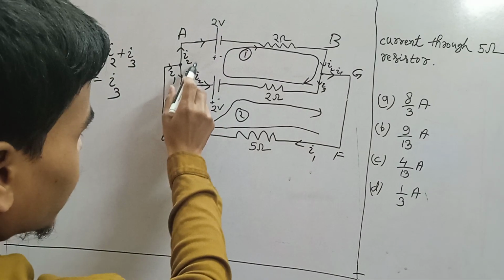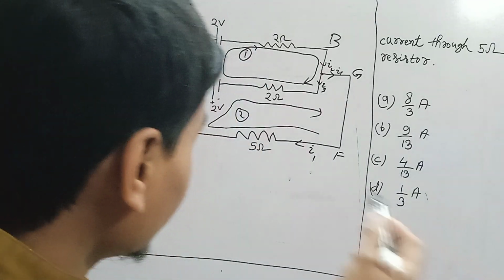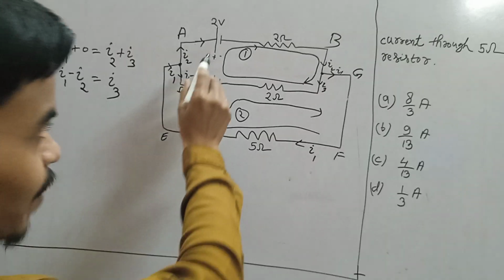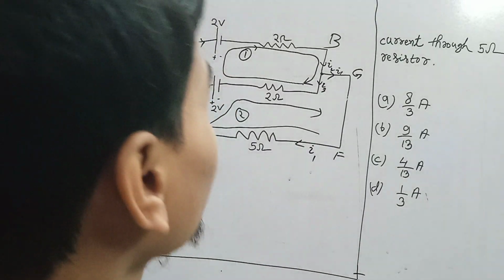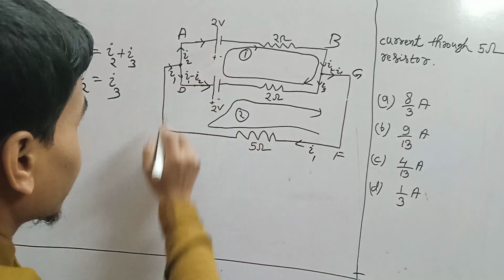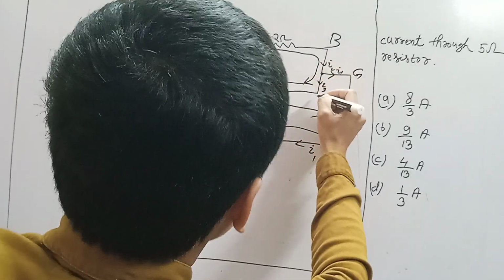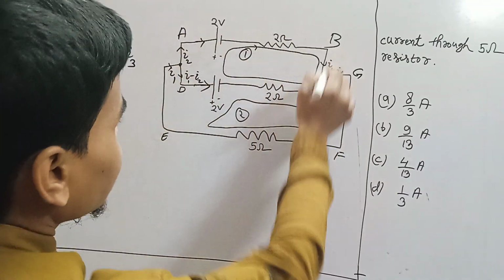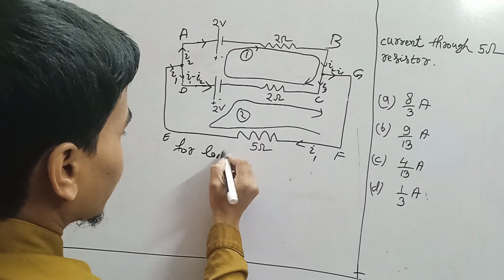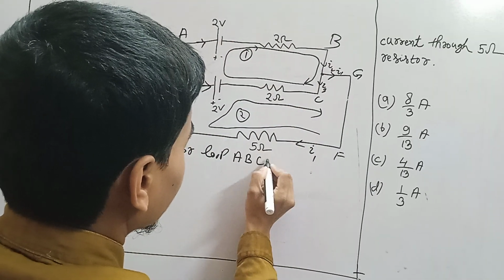Here we can see that if we go in our assumed direction, and it is the current direction, we find the positive terminal of the battery. So in this case we have to write plus 2 volt for this loop A B C D.